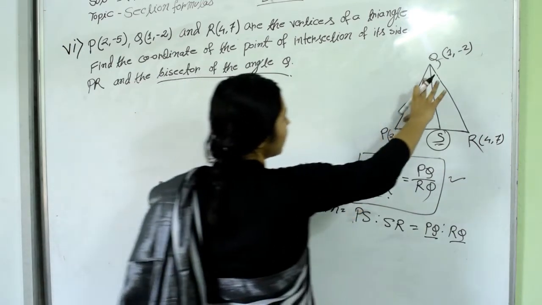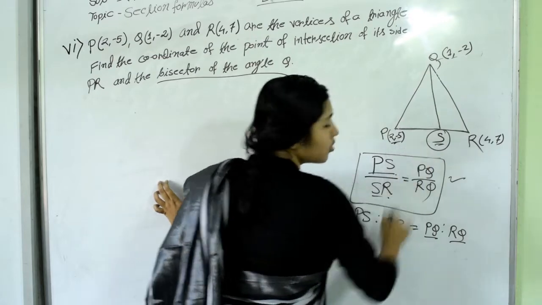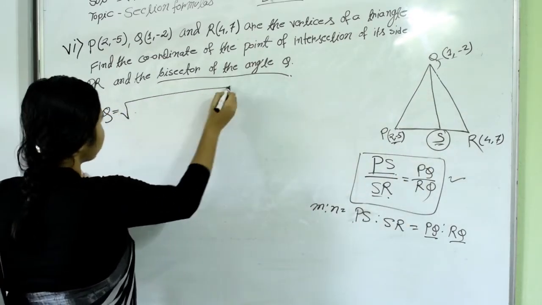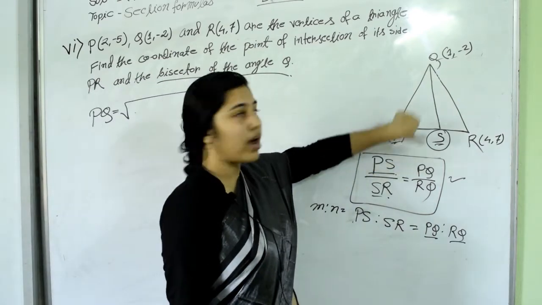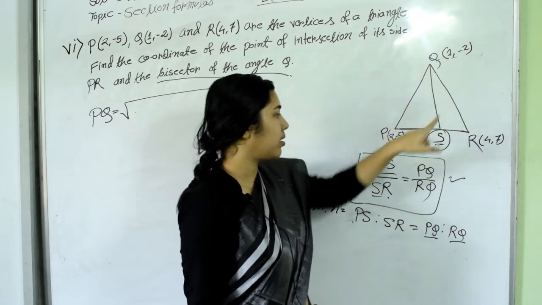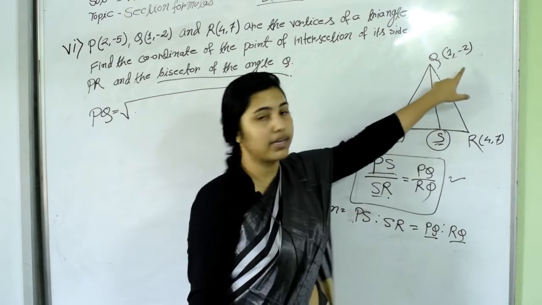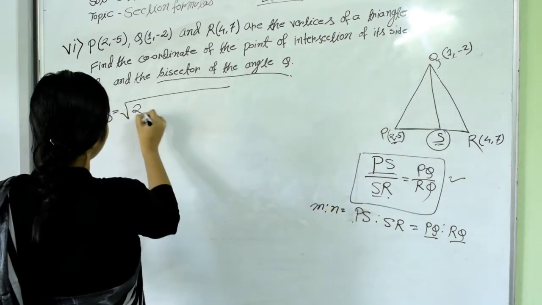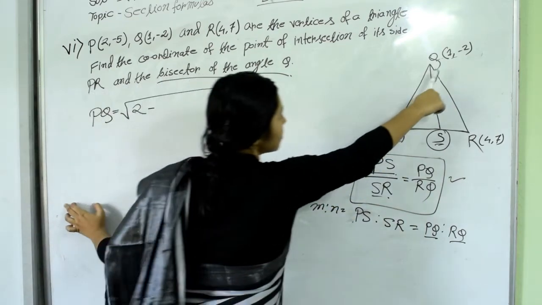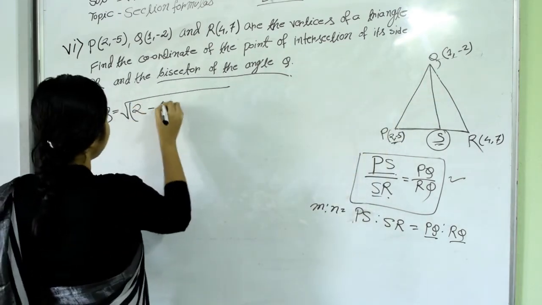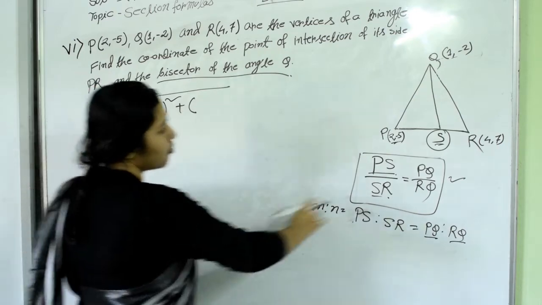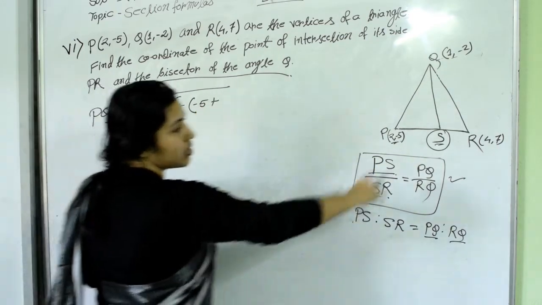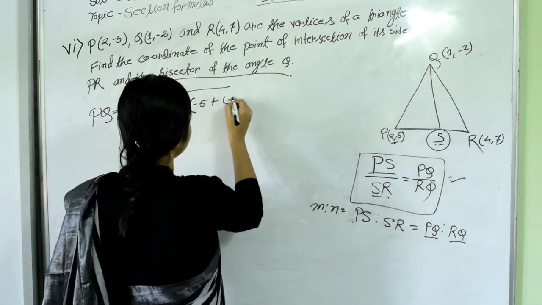We have to find the distance between these two points. So here PQ equals the square root of (x1 minus x2) square plus (y1 minus y2) square, which is (2 minus 1) square plus (5 minus minus 2) square.